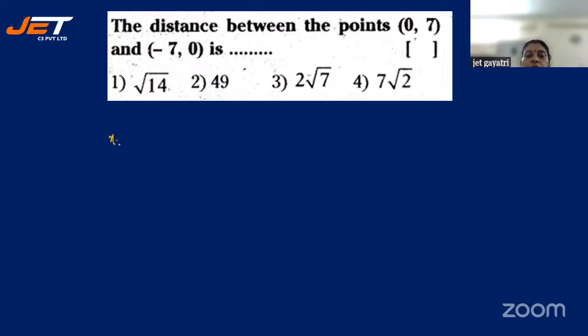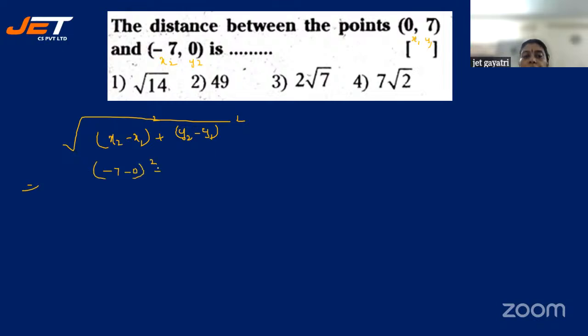Okay. So this is x1, this is y1, this is x2, and this is y2. So what is x2? Minus 7 minus 0 the whole square plus y2, 0 minus 7 the whole square.